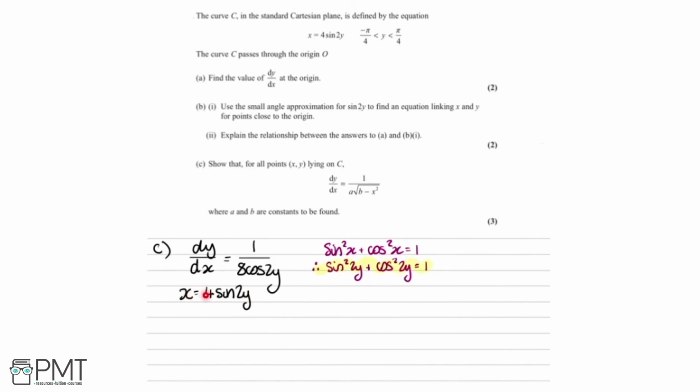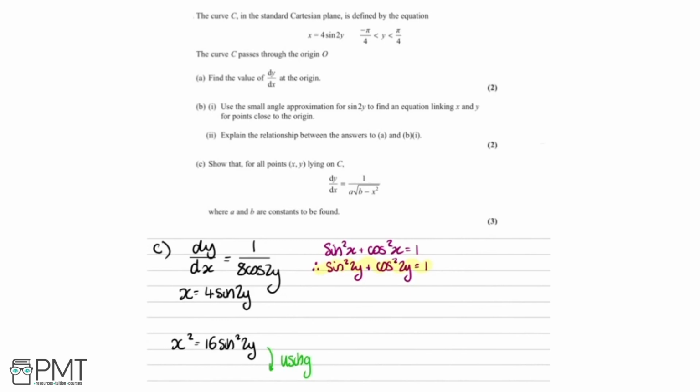First, I'm going to work with this and this. So if we square this equation here, we're going to get that x squared equals 16 sine squared 2y. It's great because we've got a sine squared 2y here and sine squared 2y here in this identity. So we can use that to get cos squared 2y instead.